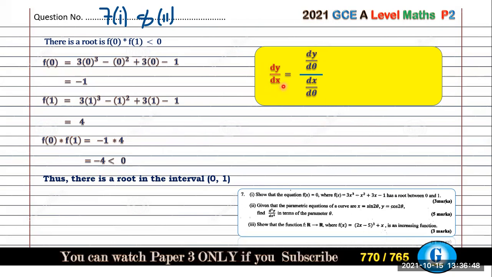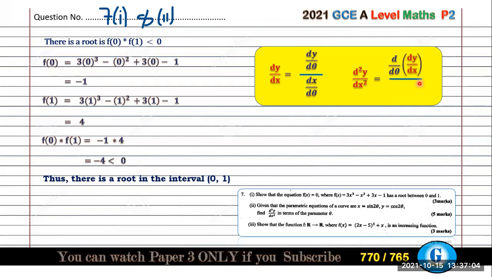And if you have to have d squared y over dx squared, this will be equal to d/d theta of dy/dx, all that on dx/d theta. That is how you have the theta here. But this one here is dy/dx matching with this d squared y/dx squared. So we can use this formula, right?